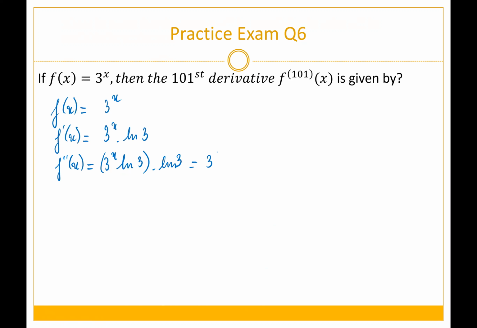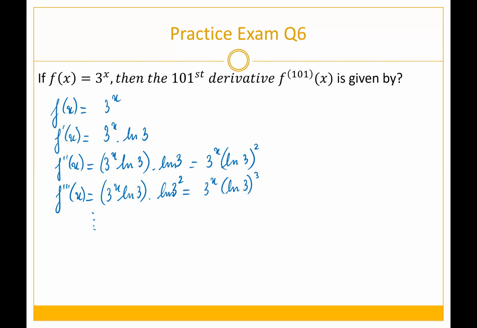If you continue to the third one, usually we have to do it about 3 times to see the rule. So it's going to be 3 to the x (ln 3) cubed.